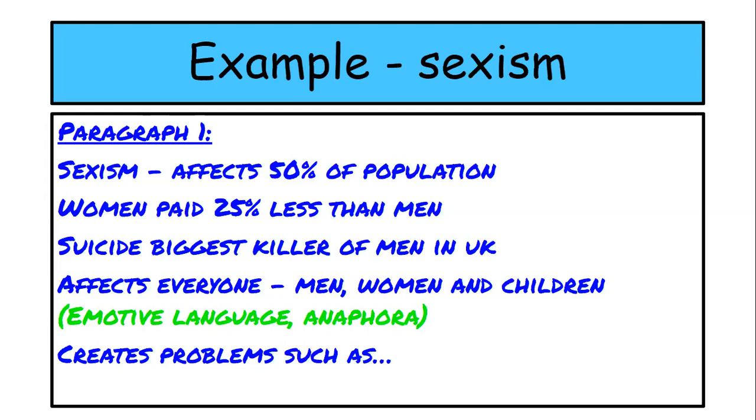Okay, so I'm reminding myself I need to use those language techniques. And then at the bottom, I put creates problems such as... Now, I haven't, other than obviously the suicide, that's a big issue, done any research on the problems created by sexism. So that's also a note for me now to go back to planning.